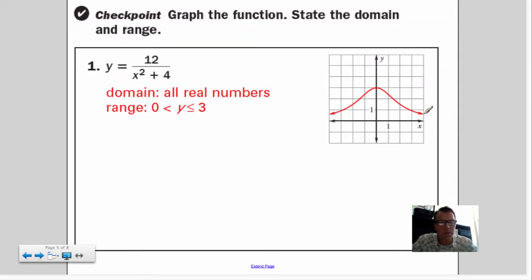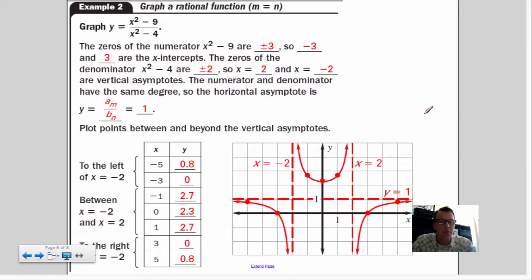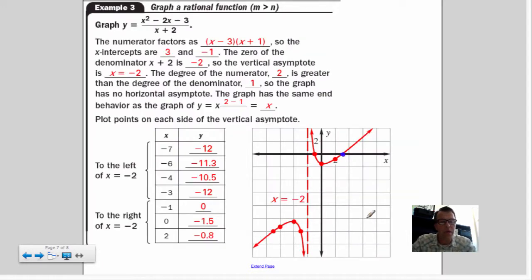Here's the next example, right? Example 2, set the top equal to 0 and solve, and you get 3 and -3. And check it out, there are your x-intercepts. Look at example 3, set the top equal to 0 and solve, and you would factor, and you'd see that your x-intercepts are 3 and -1. So you feel the pattern here?